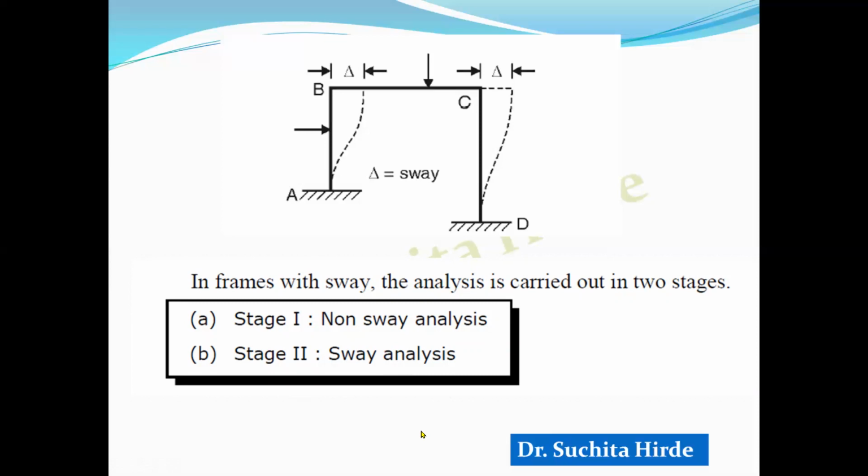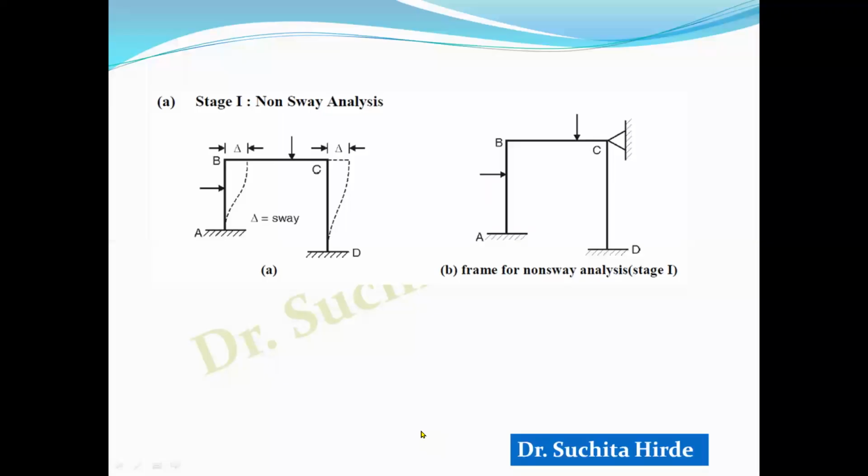So let us see what this non-sway analysis and sway analysis are. This is the given frame which is subjected to external load, and due to this unsymmetrical load there is sway. So moments are developed due to load as well as due to sway. In the first stage analysis, which is called non-sway analysis, we assume an imaginary support at the top so that there will not be any horizontal movement in the frame.